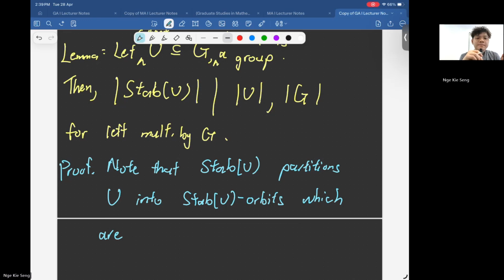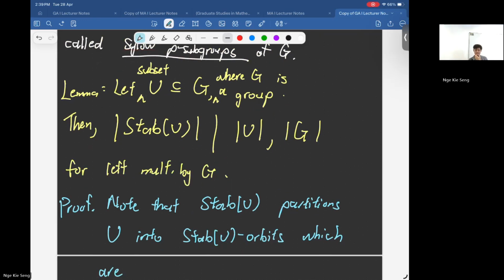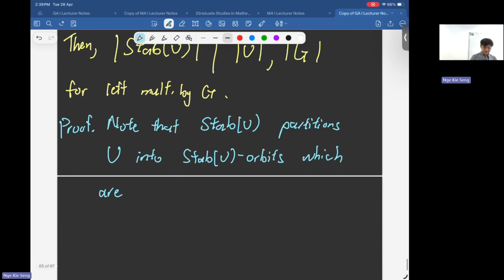Yeah, the claim here is these are right cosets.